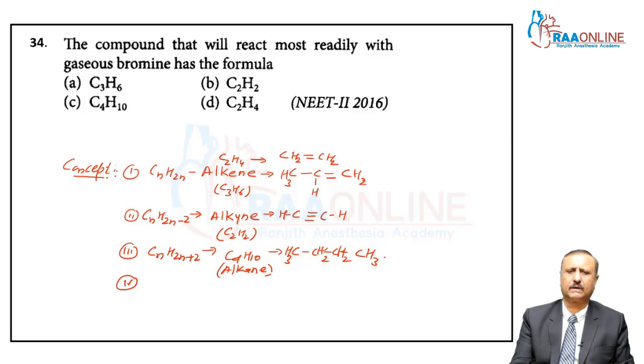When these 3 hydrocarbons react with gaseous bromine, first of all there is a single bond, then a double bond, then a triple bond, and when this gaseous bromine reacts, the intermediate, that is a transition state, the bromonium ion is formed and attached here.